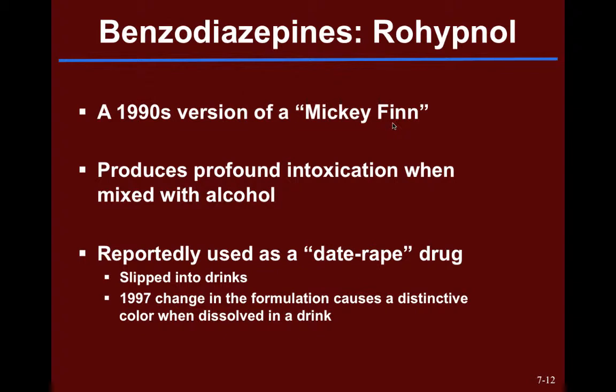And we see its use being reported, of course, as a date rape drug, where it's slipped into drinks in public settings, and then the effects can be very devastating, of course. So in 1997, any Rohypnol that was legally manufactured had a change in formulation. So if it was dissolved in a drink containing alcohol, it would have a very distinctive color, which would be great, of course, if all Rohypnol was legally manufactured.